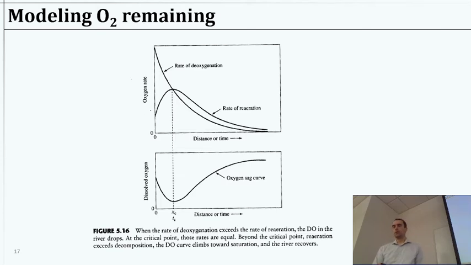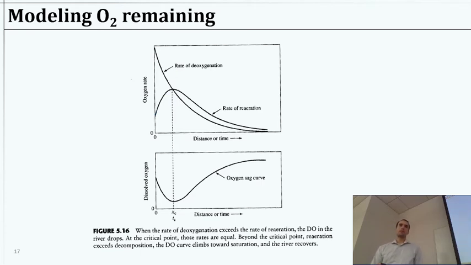So there's a small demand, small deficit, but there's not much of an oxygen deficit at time zero. But as we get closer and closer to the minimum, so the highest deficit here, that's going to correspond, of course, with the highest re-aeration rate. And so if we were to take a look at the oxygenation rate, that is highest right there at the same point of our minimum oxygen.